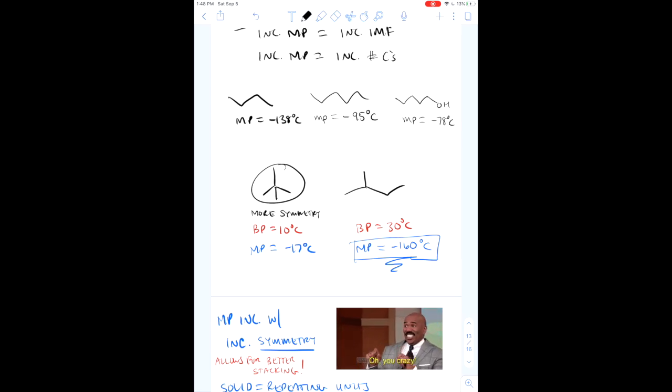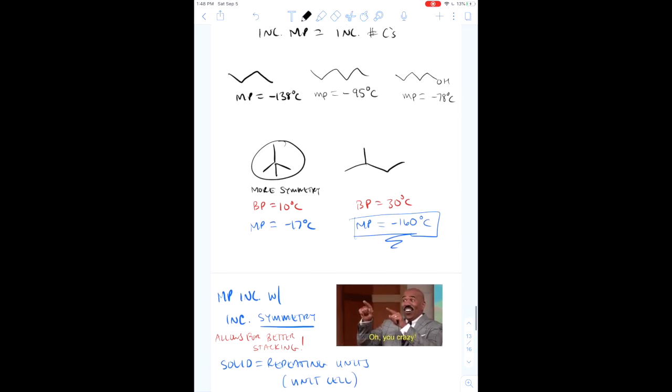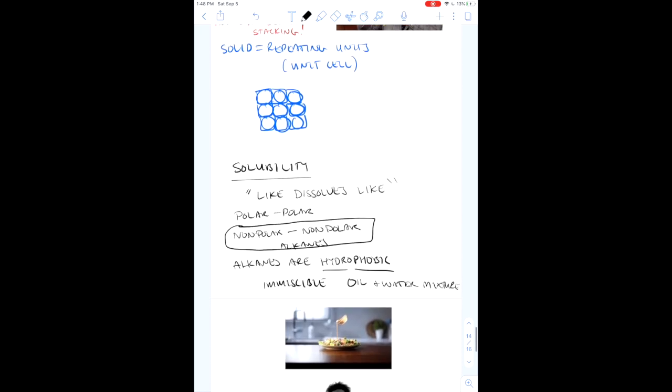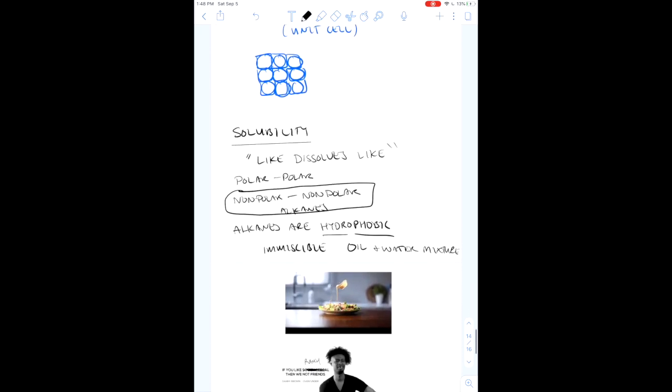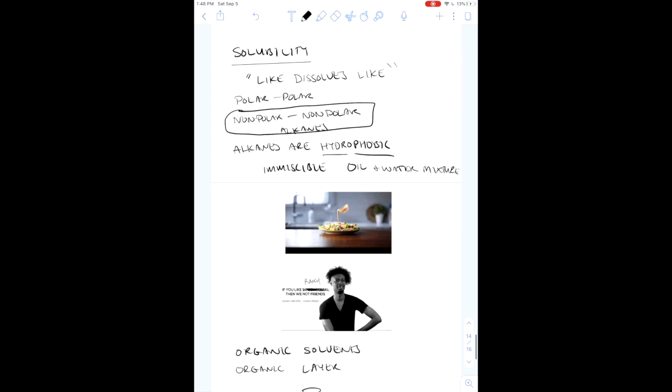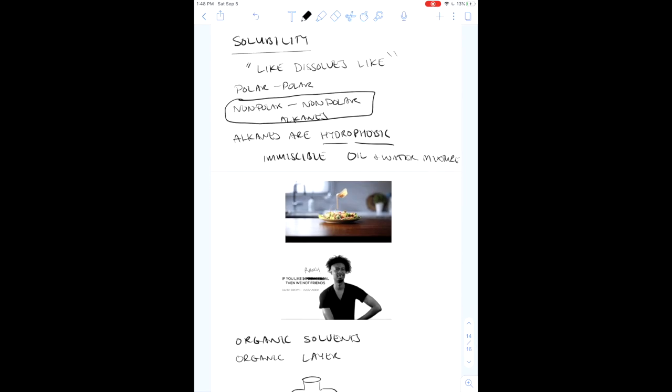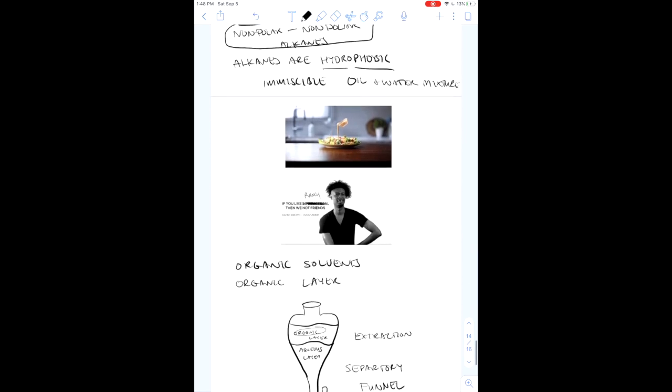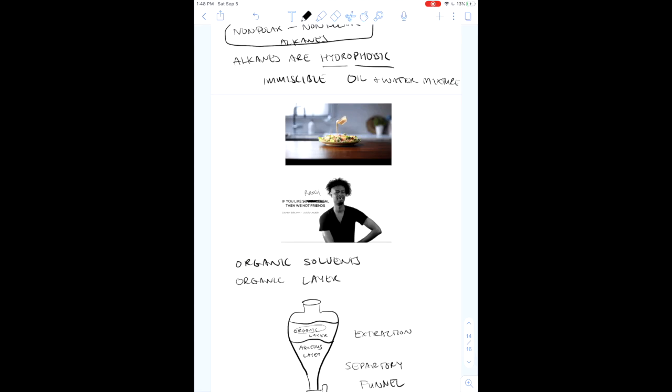We want a highly branched system so we can perhaps get more symmetry, maybe. And more symmetry is going to increase the melting point. But then also increased intermolecular forces is going to increase the melting point as well. So you could have more carbons in that case. And then solubility, like dissolves like. If we're working with a nonpolar substance, we want to use nonpolar solvents or organic solvents. Okay, and so that's pretty much it.